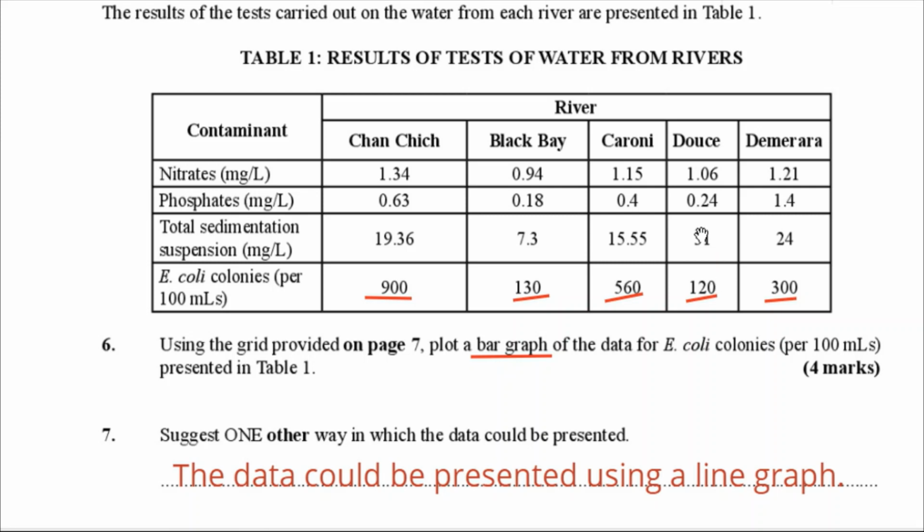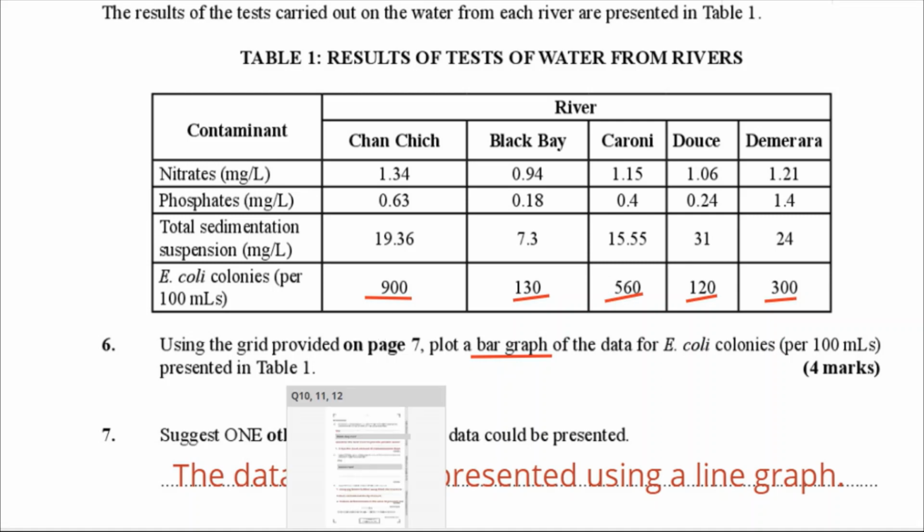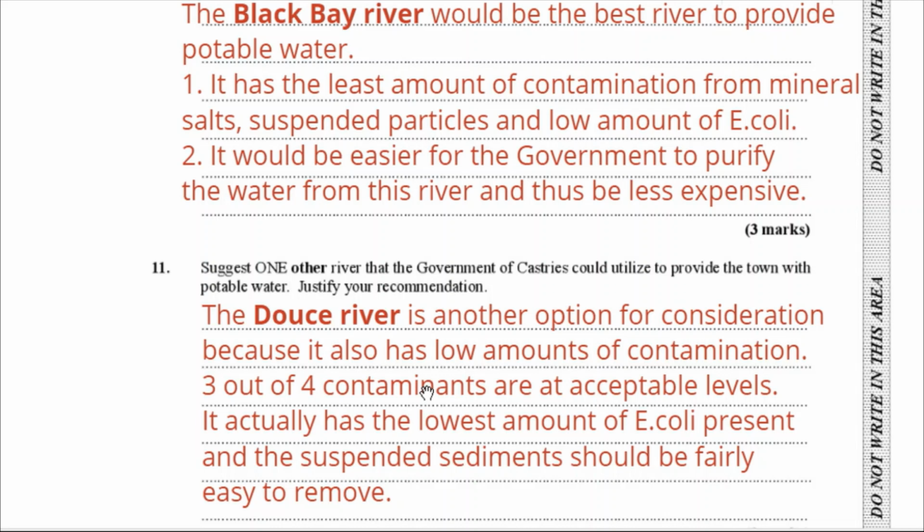So it is this one here that may be a little cause for concern, because that's a lot of sedimentation, sediments that will be suspended in the water, but that is not too bad in terms of being able to remove. So that would not be a serious cause for worry. So the Deuce River could be an alternative river, a second option for producing potable water.